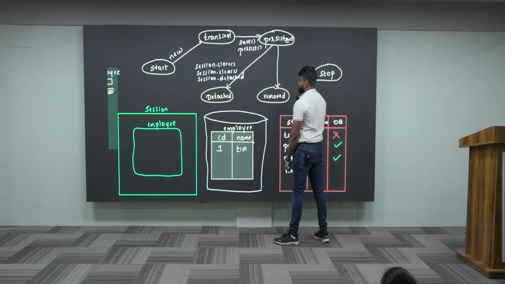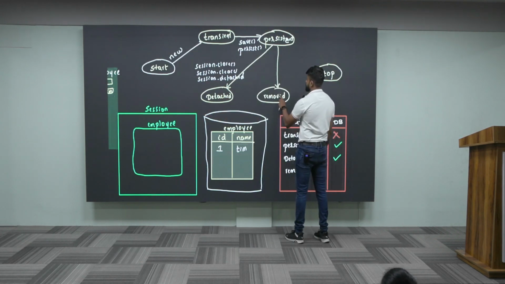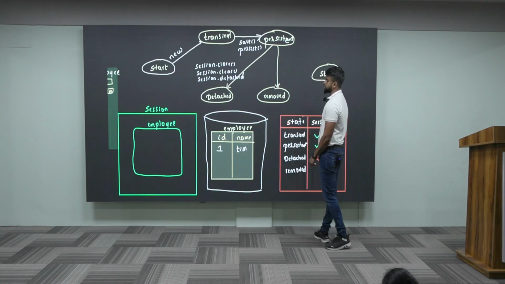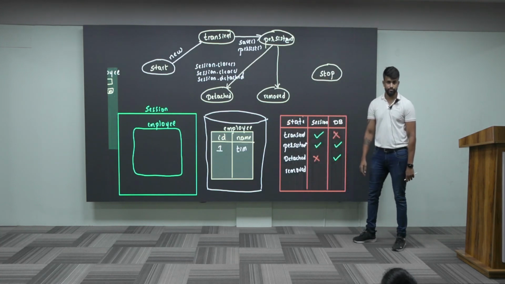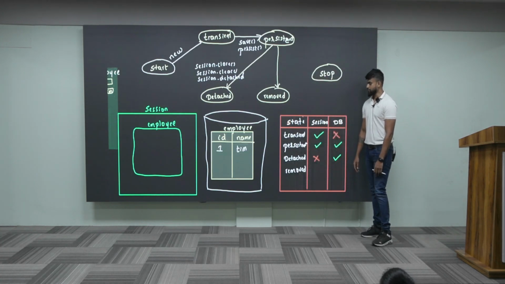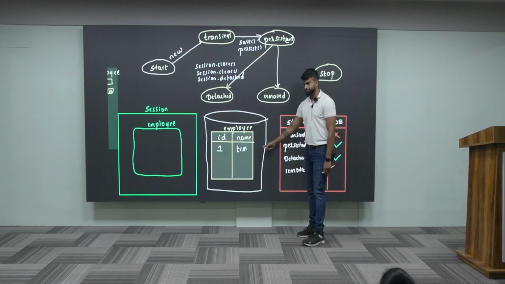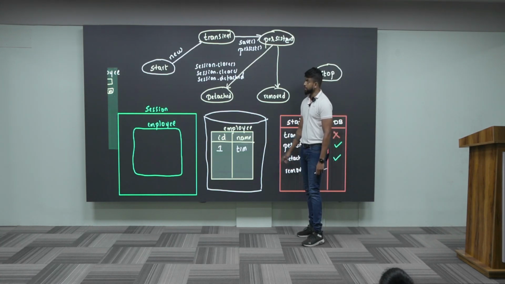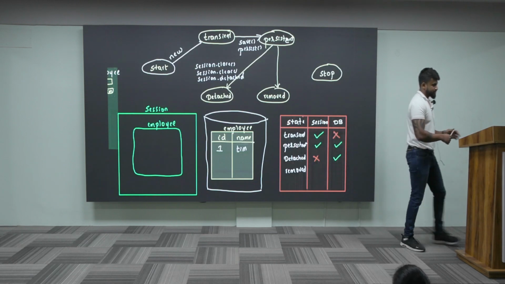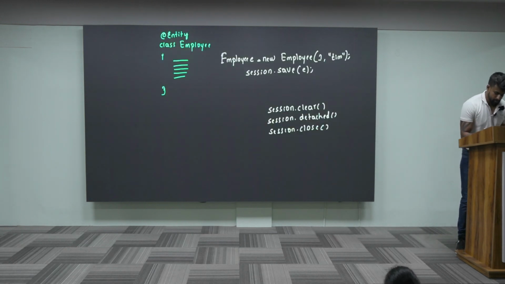Okay. So now I want to go to the removed state. The question is, how can I go to the removed state? Very simple. I want to delete this guy now. If I have to delete, what is the method you will use? You will not tell save. Instead you will tell session.delete.